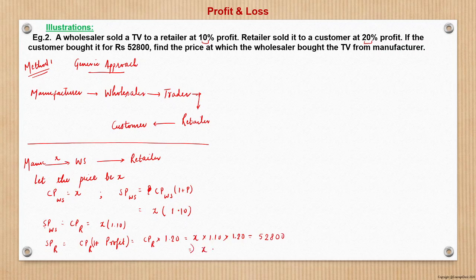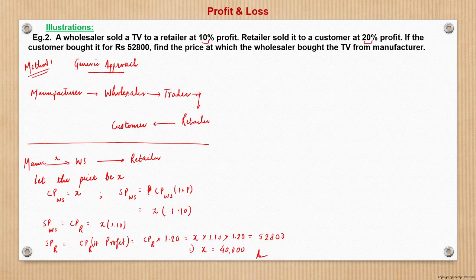If we solve this equation, we get 52800 upon 1.1, and then further divided by 1.2. Upon solving, this gives us 40,000. This is the answer.